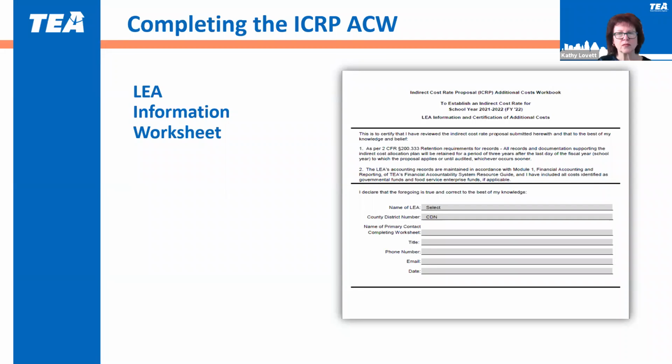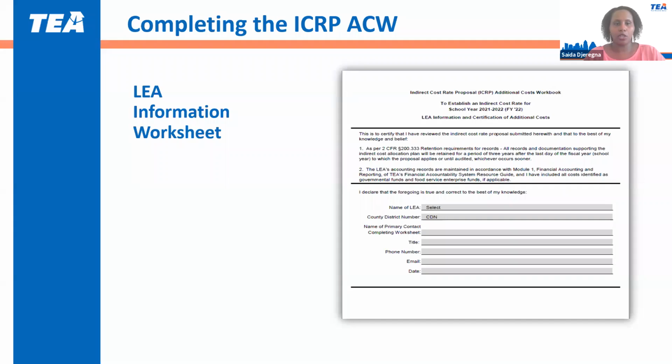Here you need to enter the following information for the ISD to certify that all submitted data is true and accurate. So you'll need to select the ISD name in the pull-down field. And once you do that, the county district number, or the CDN, will populate. And going forward, the name of the LEA and CDN number will populate to the header of each of the worksheets.